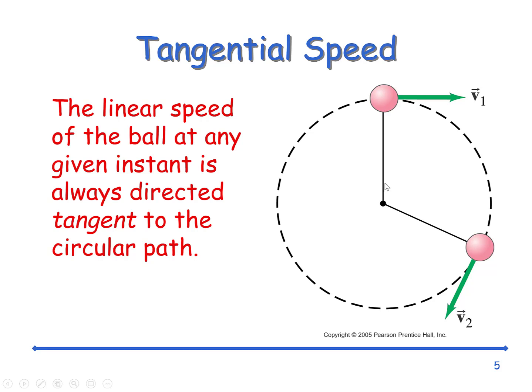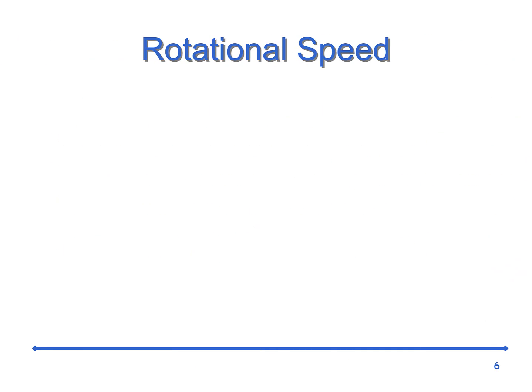And it's always going to be perpendicular to the radius at that point. So in this case, it would fly off tangent to that circular path in the direction that it was currently traveling. So that's why we call it tangential speed. It is a linear speed. We are going in one direction. It's just going to continue going in that same path. So that's why we can go back and forth between those two things.